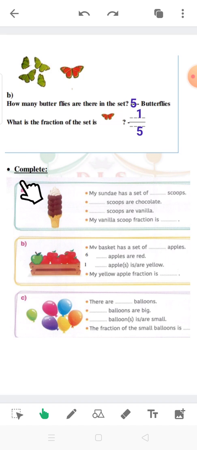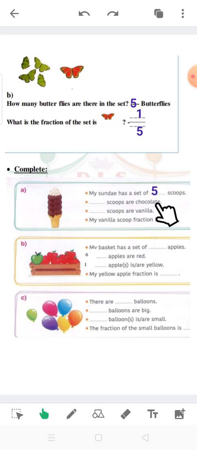Look at this exercise, complete. My sundae has a set of, how many? We have ice cream scoops here. Let's count how many scoops we have got. 1, 2, 3, 4, 5. I've got 5 scoops. We write 5 scoops.